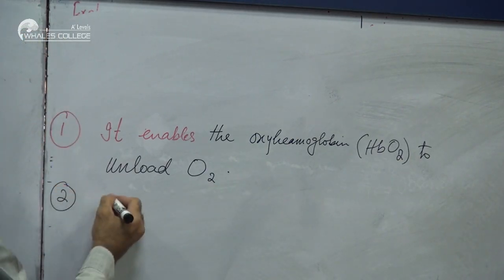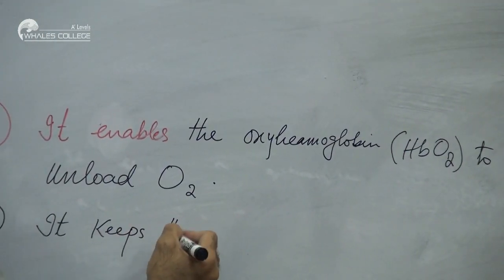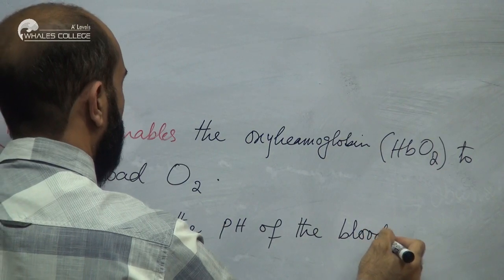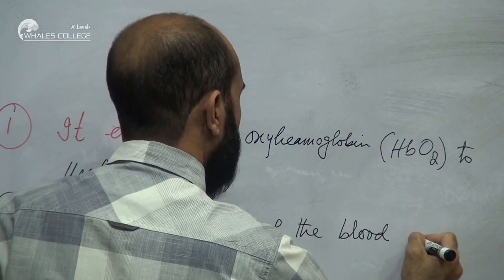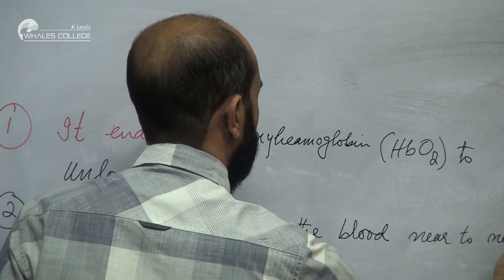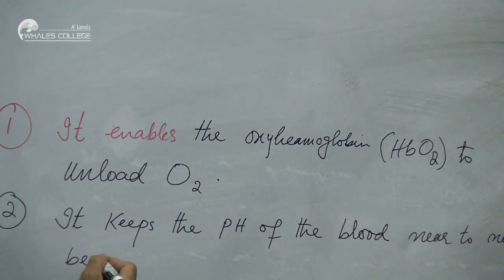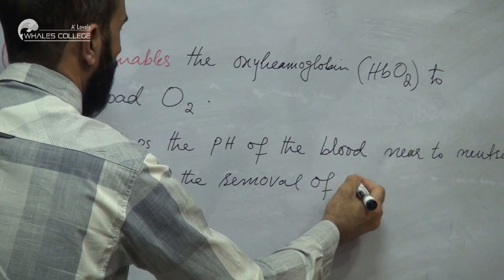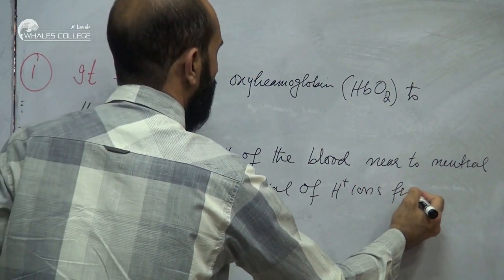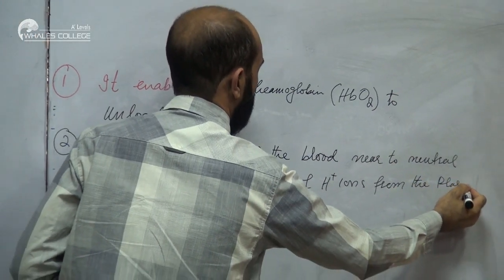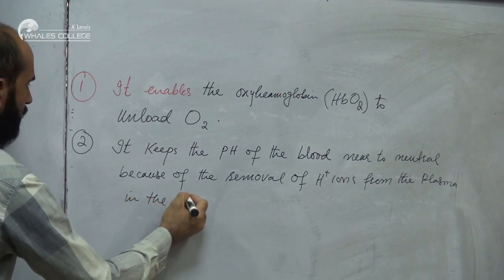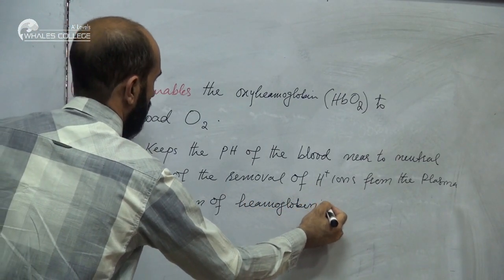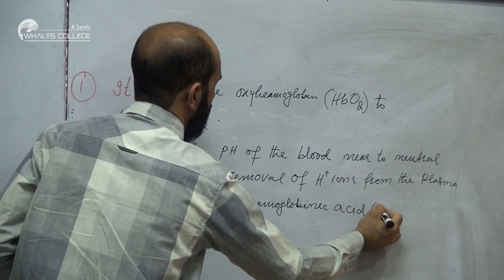And the second consequence is that it keeps the pH of the blood near to neutral, because of the removal of H plus ions from the plasma in the form of hemoglobinic acid, that is HHb.